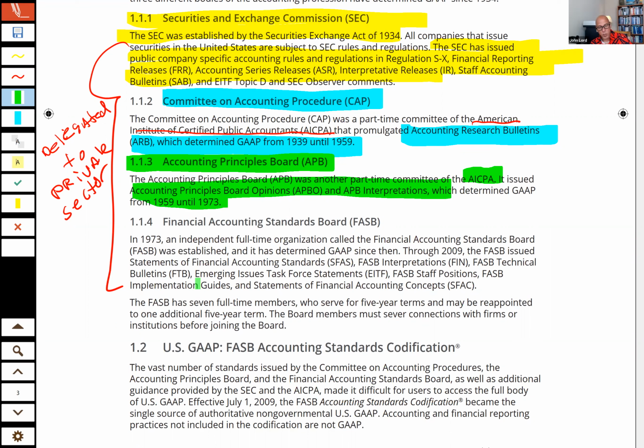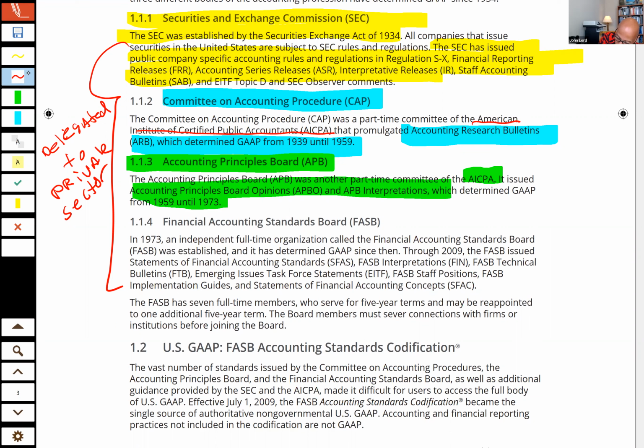But what happened with Sarbanes-Oxley is Sarbanes-Oxley came down and said, if you're a public company, you've got to pay to play. We're going to make you pay a fee. That fee will fund the FAF, and then the FAF will fund the FASB, okay?